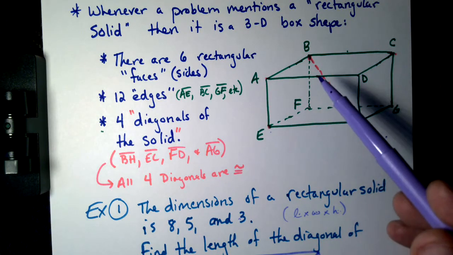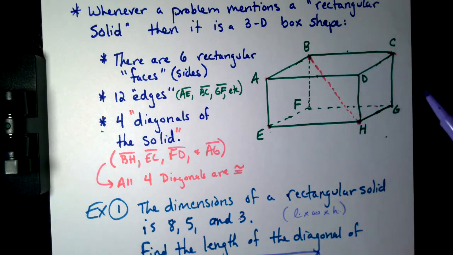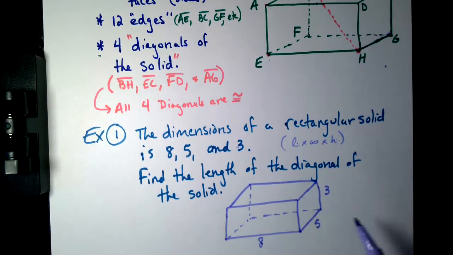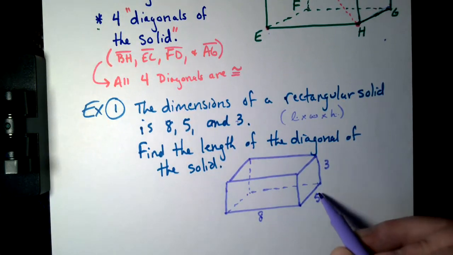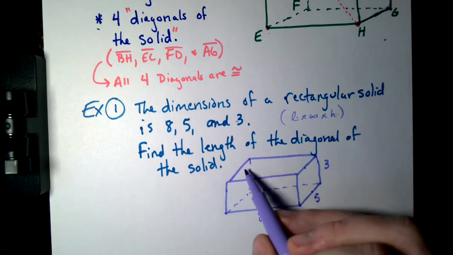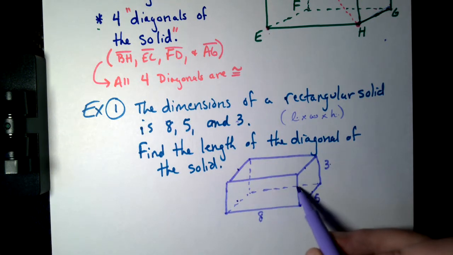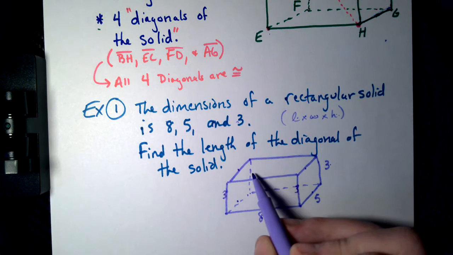They're all opposite sides of one of the rectangles. And then even going to the back, from the front to the back, HG is the same length as DC, is the same length as AB. So when I do this down here, this 5 goes for here, for here, for here, and here. This 3 goes here. I can put it here. I can put it here. I can put it here.